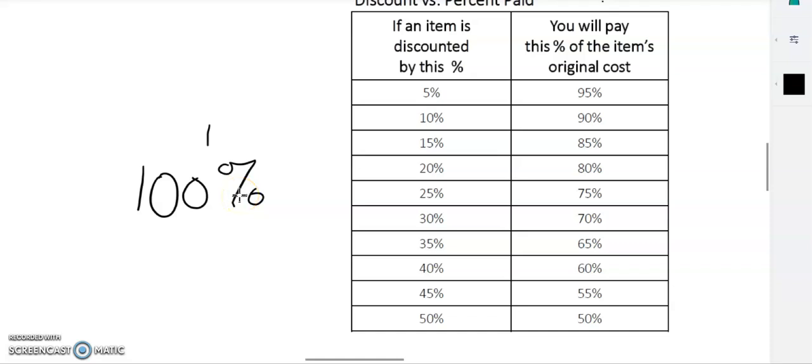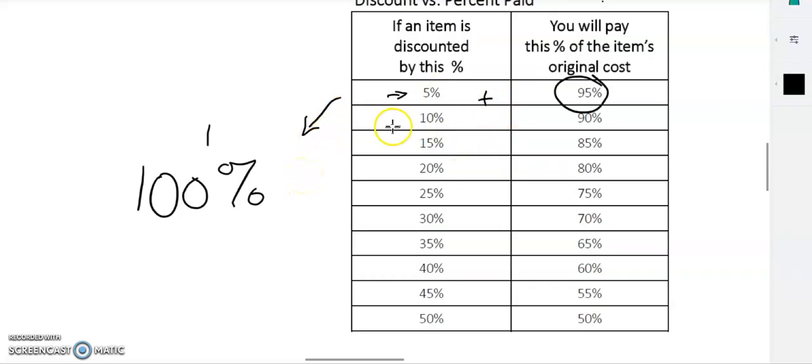If you pay $100 for a $100 pair of jeans, you're paying 100% of that cost. Well, okay, so if you get a $5 discount on that item, well, how much are you paying? Well, you're going to be paying 95%, because these things always have to add up to 100%.